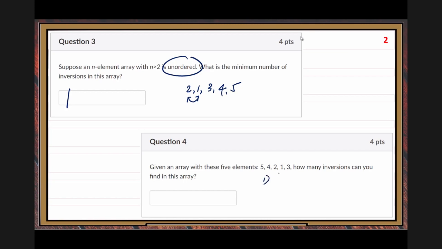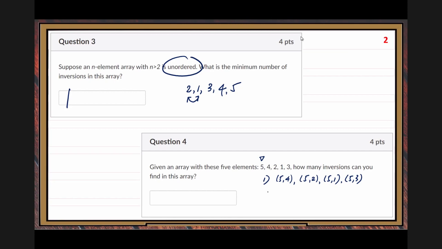First, we fix the first element, 5. 5, 4 is the first inversion. 5, 2, second inversion. 5, 1, third inversion. 5, 3, 4 inversions. Starting with the first element, we have 4 inversions.